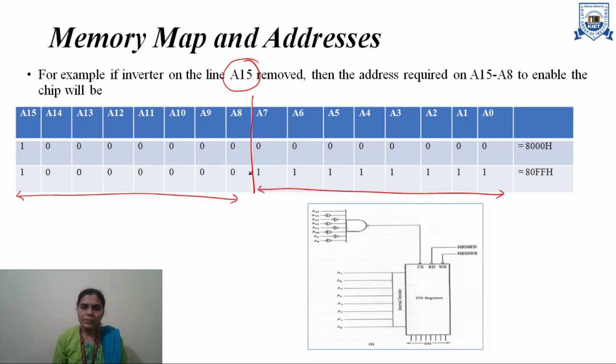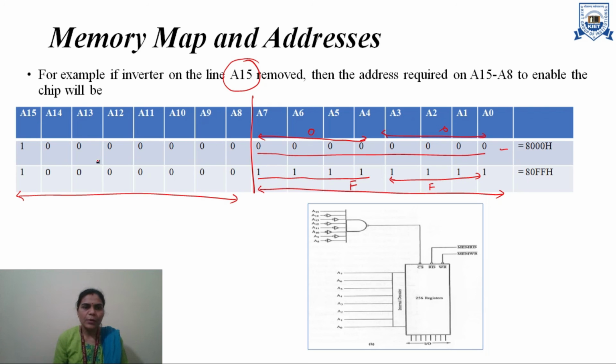Then we can reconfigure this address map. Here, for the minimum address, the 8 lower address lines will have 0, and for the maximum address, the 8 lower address lines will have 1. In hexadecimal, the minimum will be 00, and for the maximum address, it will be FF.